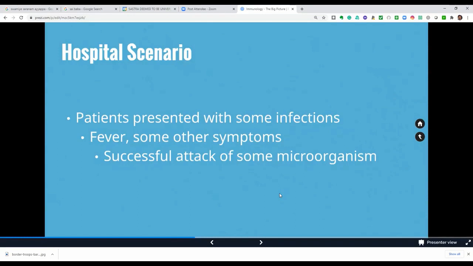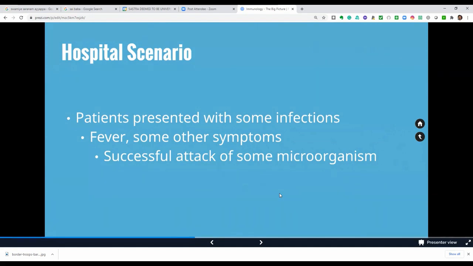So there are many symptoms which are associated with infection caused by microorganisms. This is the most surface-level understanding, that the patient is having some problem, some infection, and because of that there are some symptoms, and he goes to the doctor.